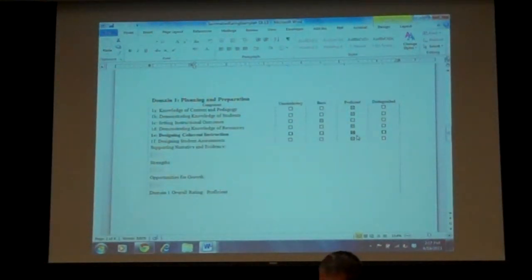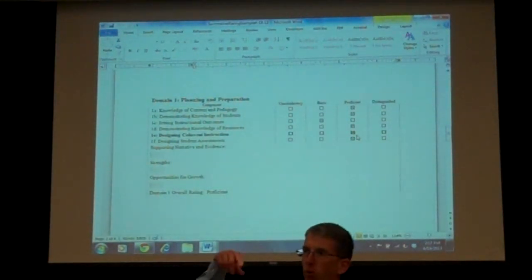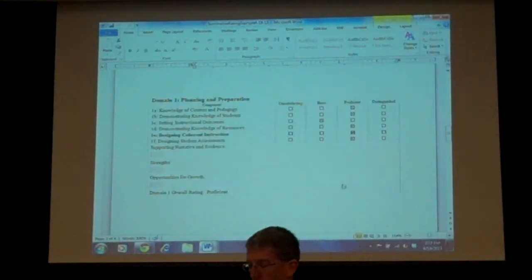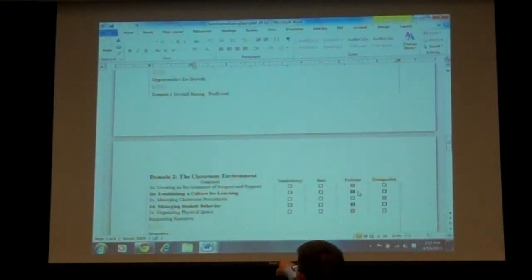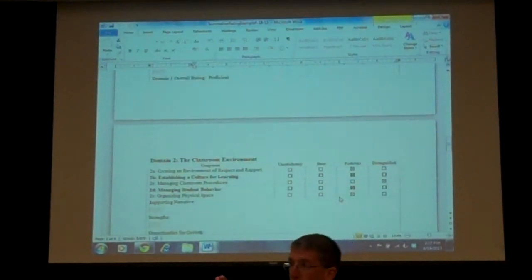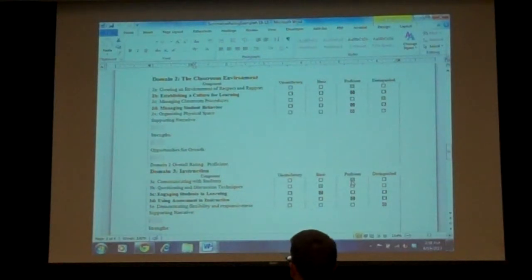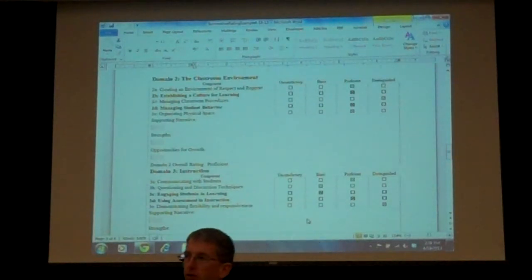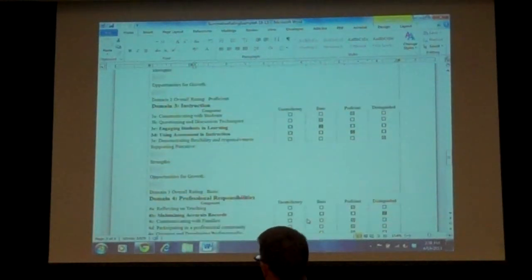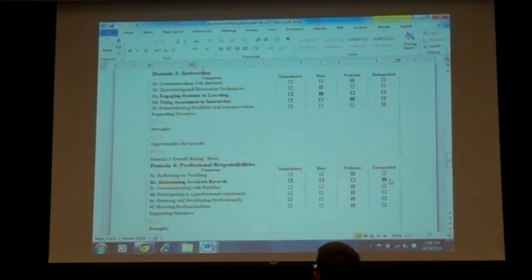So under the essential components, you're going to put a number 1 under proficient. Let's look at domain 2. 2B and 2D are proficient. So you're going to put 2 number 2s in proficient. At least that's what I did. Or check marks, we both put. Domain 3, C and D, 1 is basic, 1 is proficient. So you're going to put a 3 under basic, you're going to put a 3 under proficient. Domain 4, maintain accurate records, was distinguished.